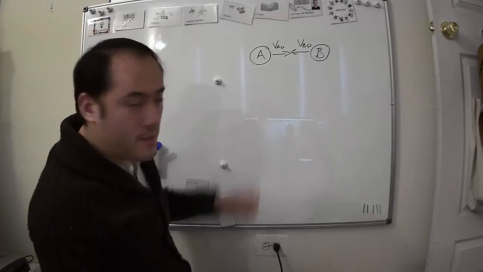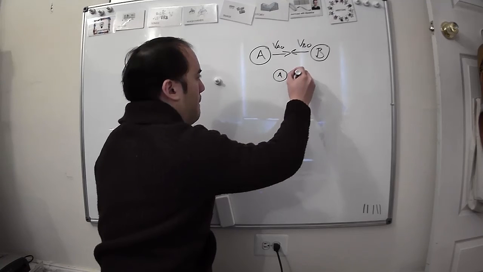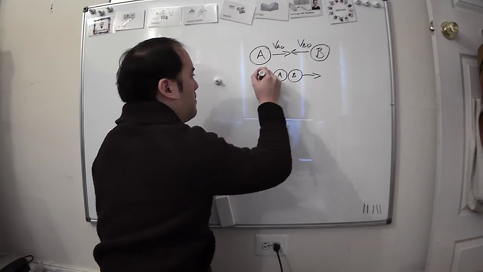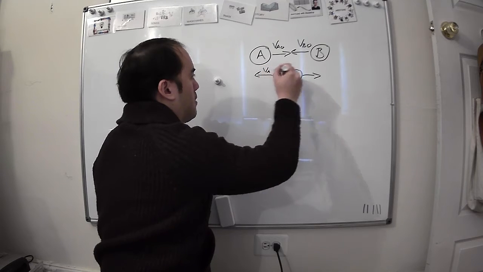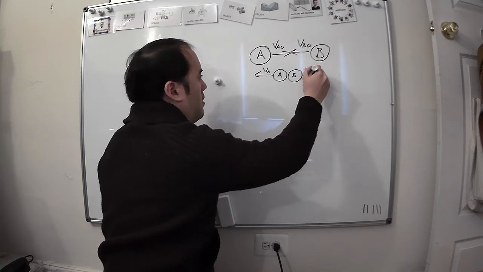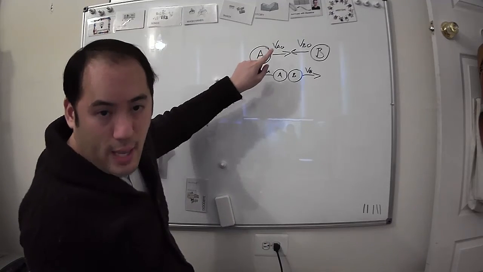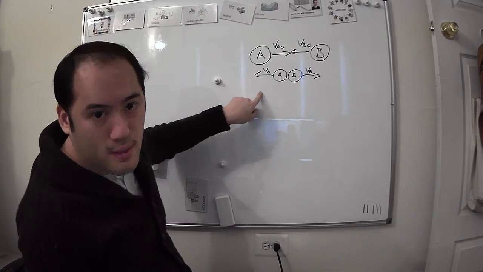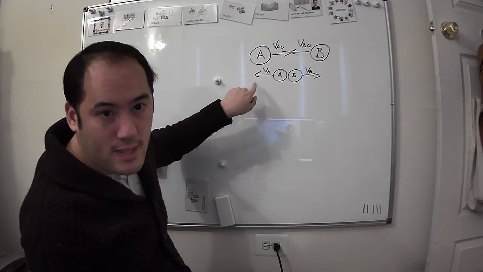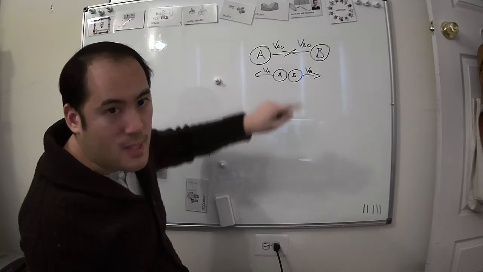Two objects hit each other, and then they bounce apart. Object A starts with velocity VA naught. Object B starts with velocity VB naught. After they collide, their velocities are VA and VB, not VA naught and VB naught.